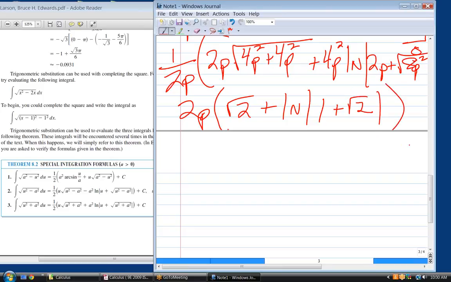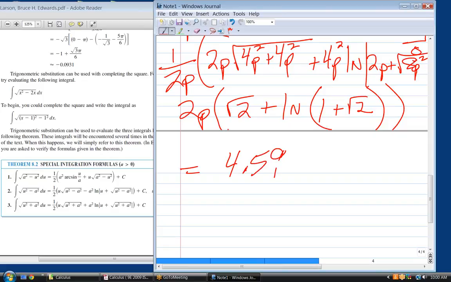And they have removed the absolute value signs. Why? Because the natural log of 1 plus the square root of 2 is a positive number. So we no longer need the absolute value signs, and we can substitute parentheses for those. And that whole thing ends up being 4.59p.